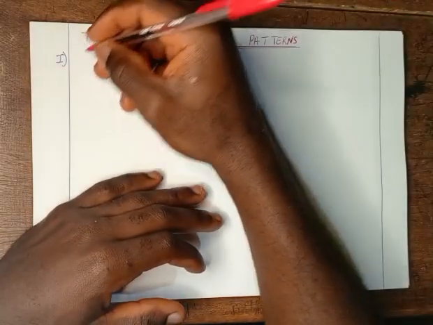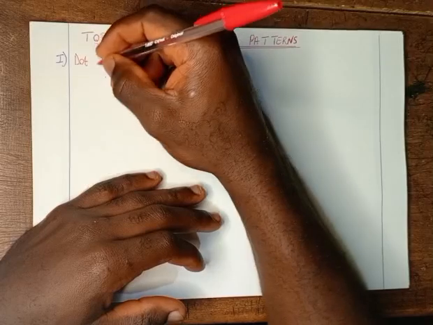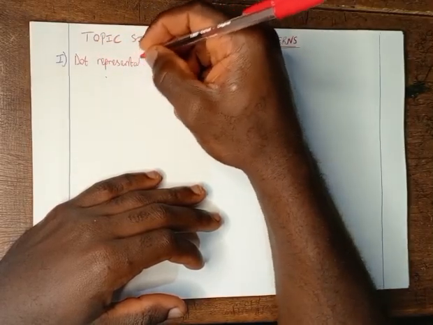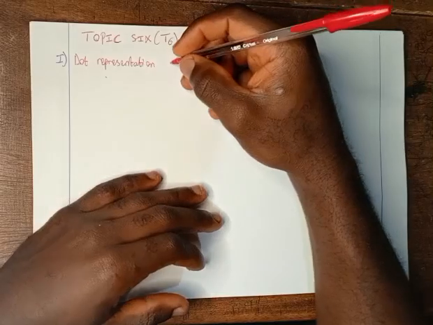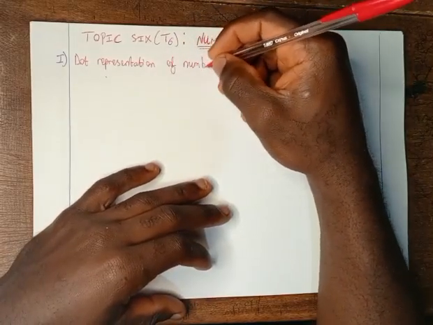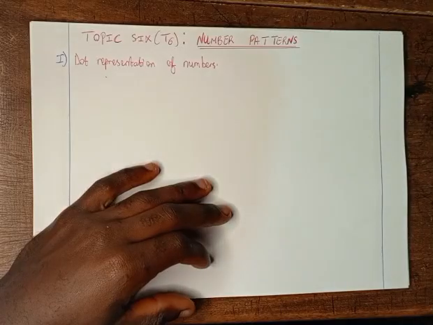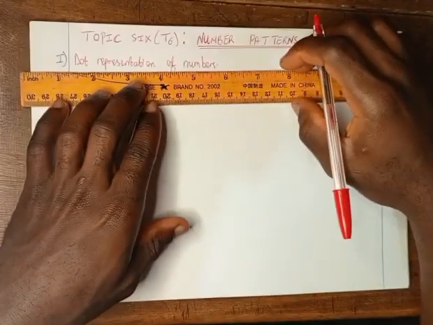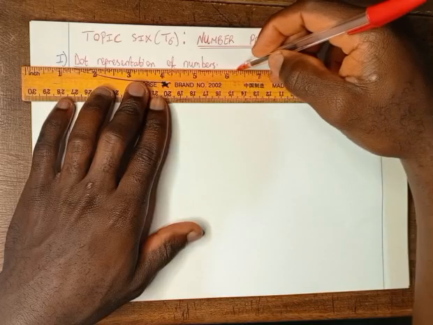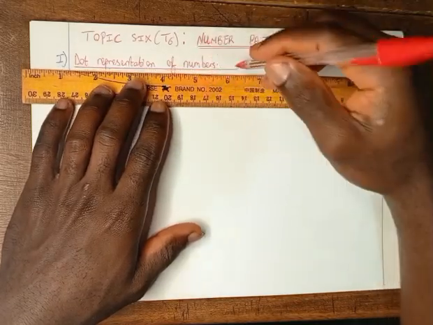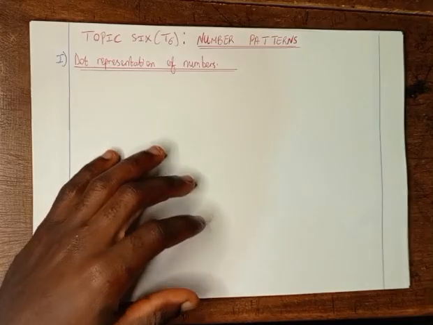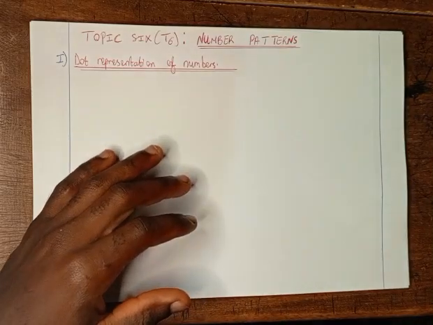Dot representation of numbers. As you see the heading, dot representation of numbers, we know that numbers can be represented in different plane figures by making use of dots.